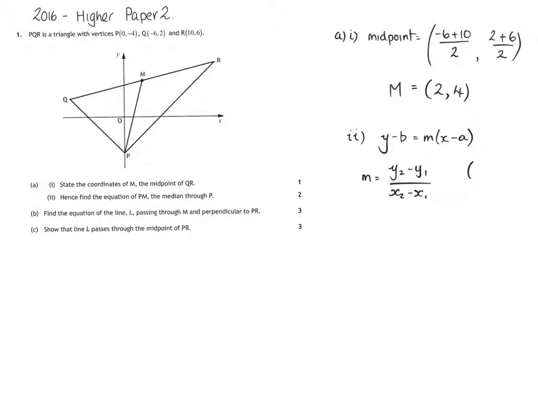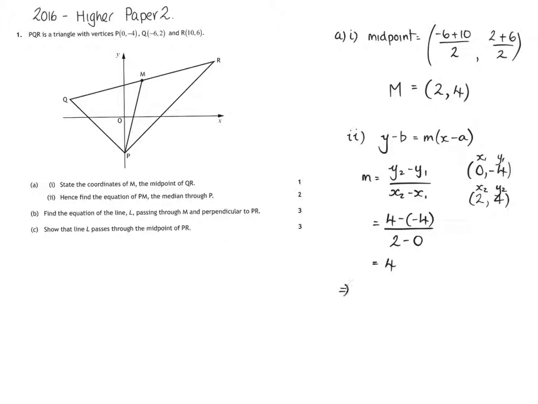And so we've got the point P, 0, minus 4, and we have the point 2, 4. So x2, y2, x1, y1. So we're going to have 4 take away minus 4 all over 2 take away 0, giving us 8 divided by 2, which is 4.